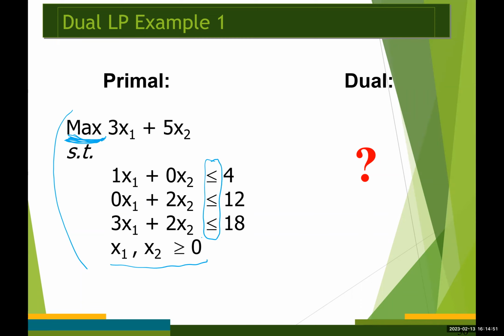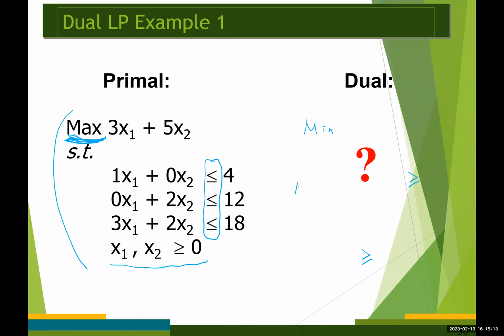So the dual must be the minimization problem. Let me write it down here. Minimization problem with all greater than or equal signs, okay? And also non-negativity restrictions, okay?